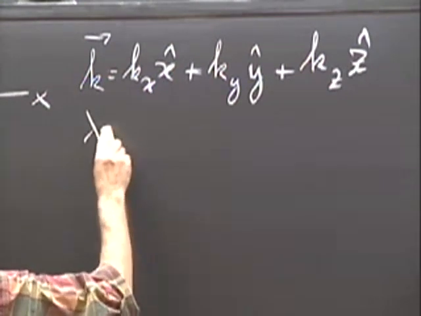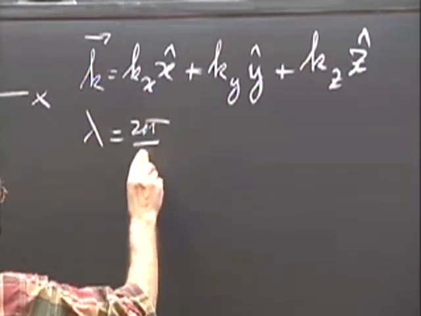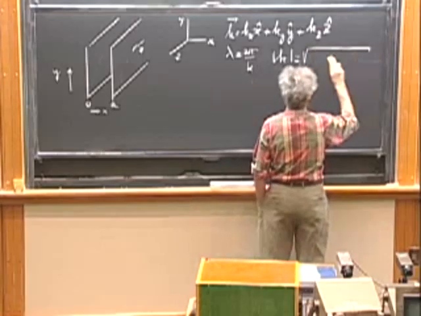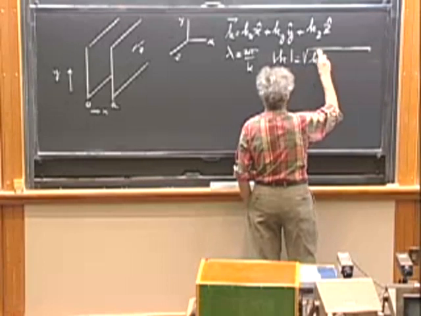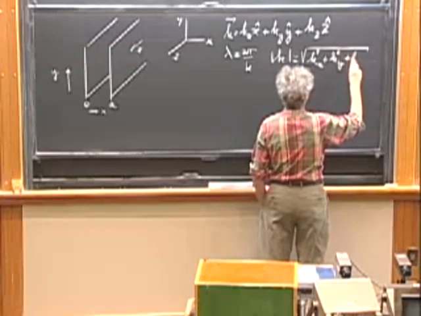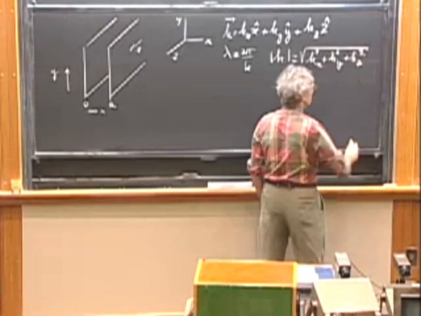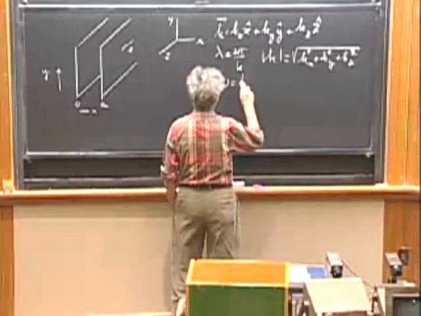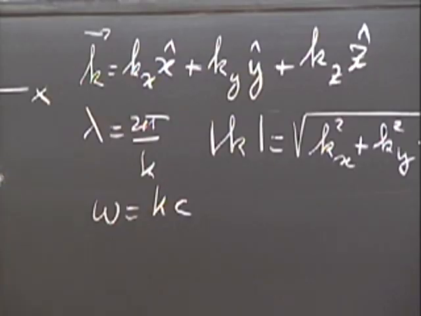Also lambda equals 2 pi divided by that k, and the magnitude of that k is the square root of kx squared plus ky squared plus kz squared, and omega equals kc, if this is in vacuum.